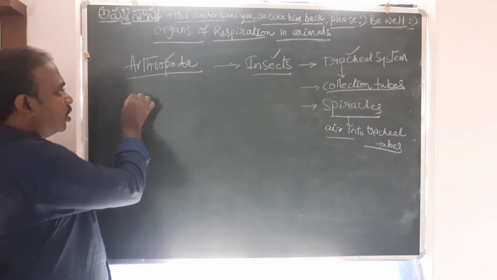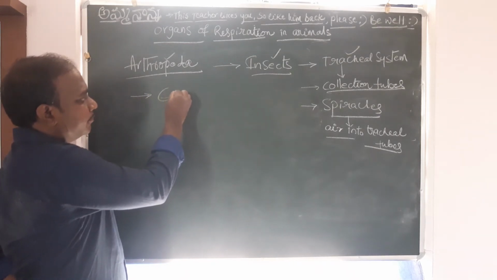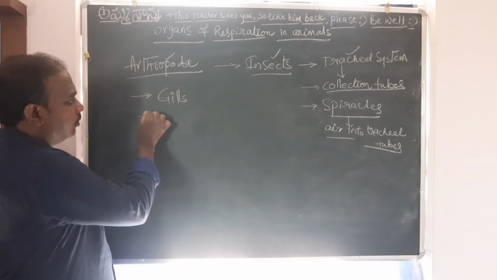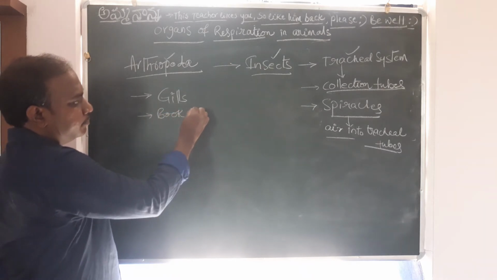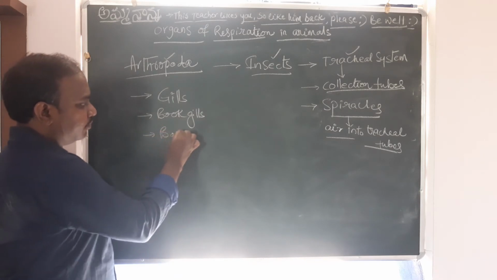The other specialized organs that have developed are gills, then book gills, and then book lungs.